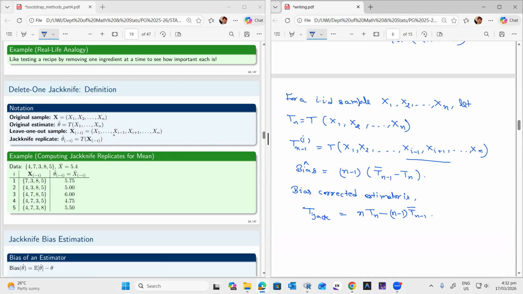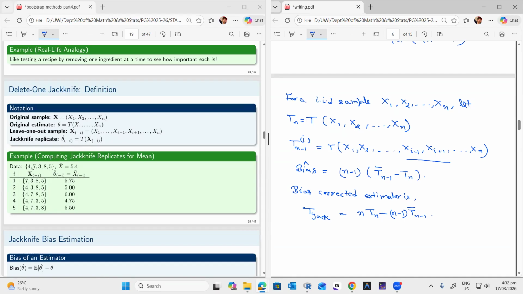So we are going to remove one observation only, and we are going to use the jackknife replicates here. At a time we are going to remove only one observation.